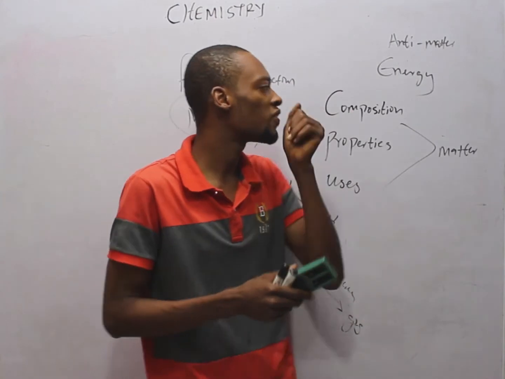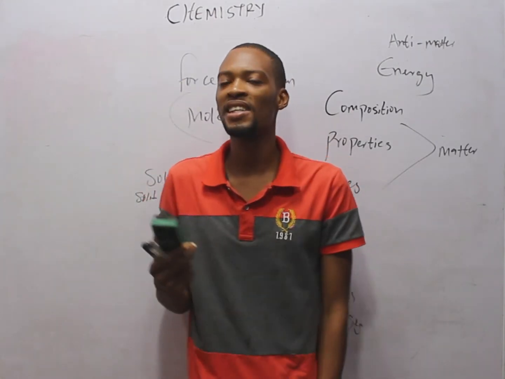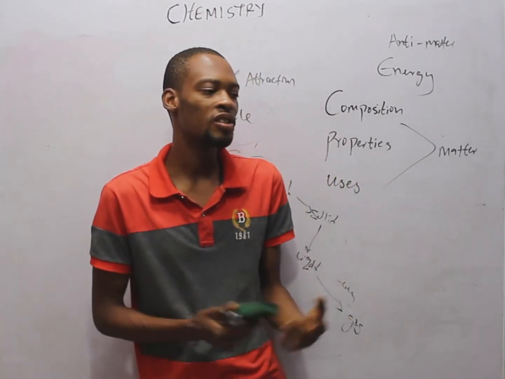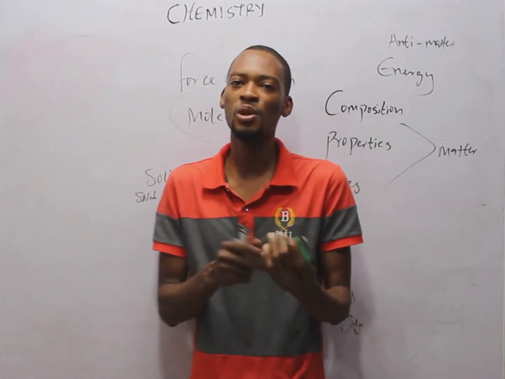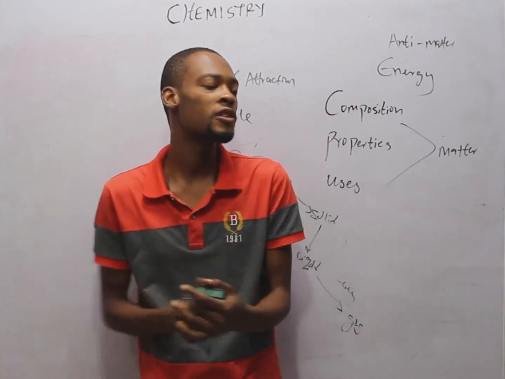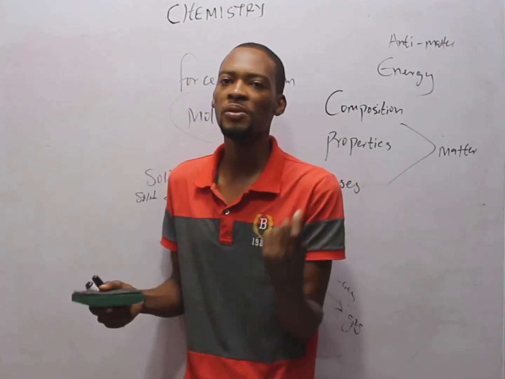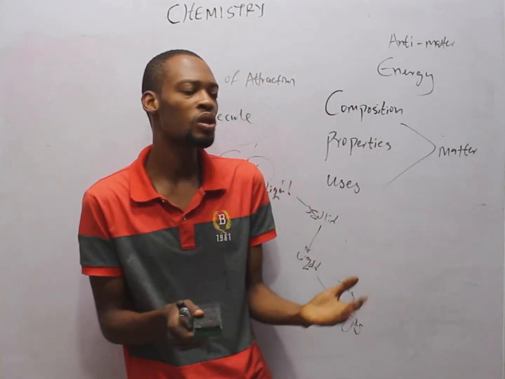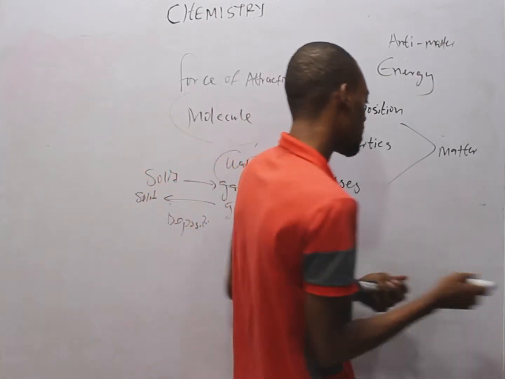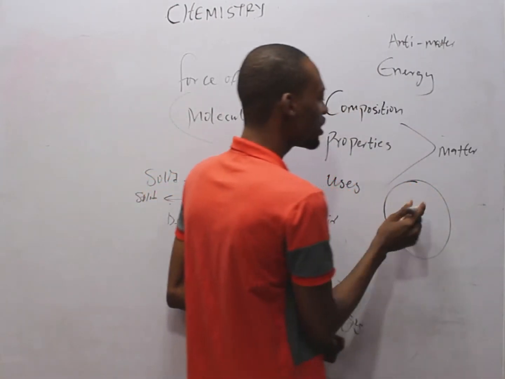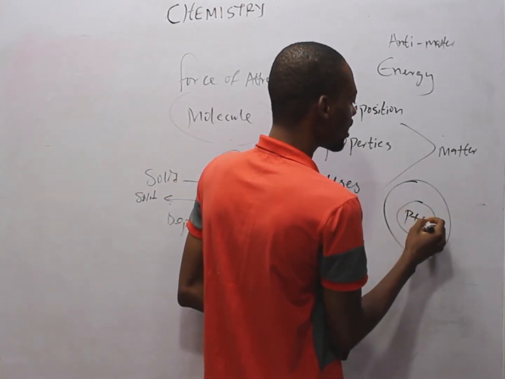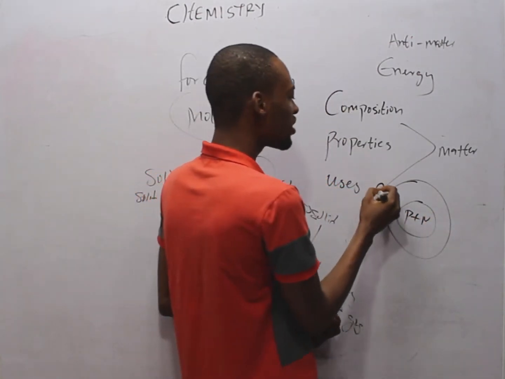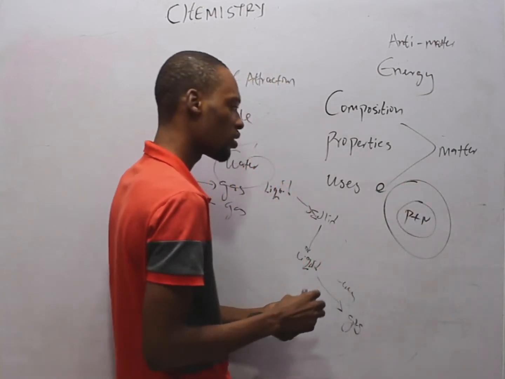So now, matter is made up of atoms. Atom is the smallest part of a substance that can take part in a chemical reaction. That definition is okay because we shall look at atomic theory later based on key points. Now this atom in turn is made up of subatomic particles, which are electron, proton, and neutron. This is the nucleus inside the atom. Proton and neutron are inside the nucleus, while electrons revolve around the nucleus.